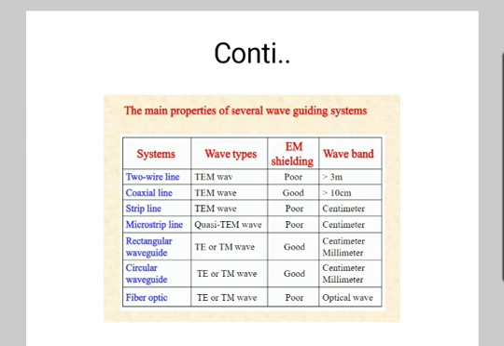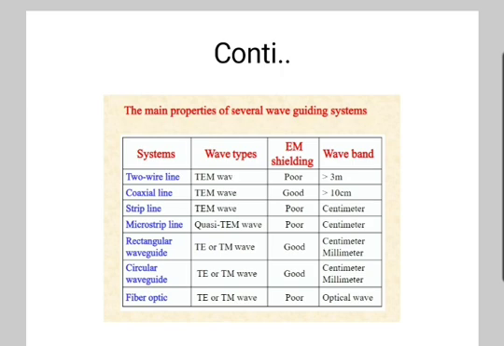Now here are the main properties of several waveguiding systems. The different systems are two-wire line, coaxial line, strip line, microstrip line, rectangular waveguide, circular waveguide, and fiber optic.